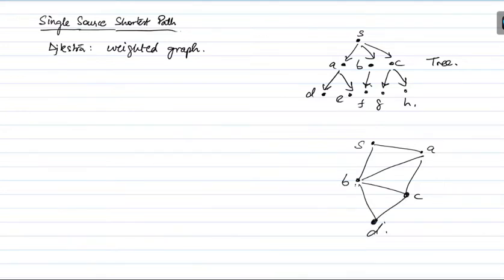Let's put some weights on this: 2, and then 5, 3. Let me replace this with 1. All right, so this is the graph given to us.